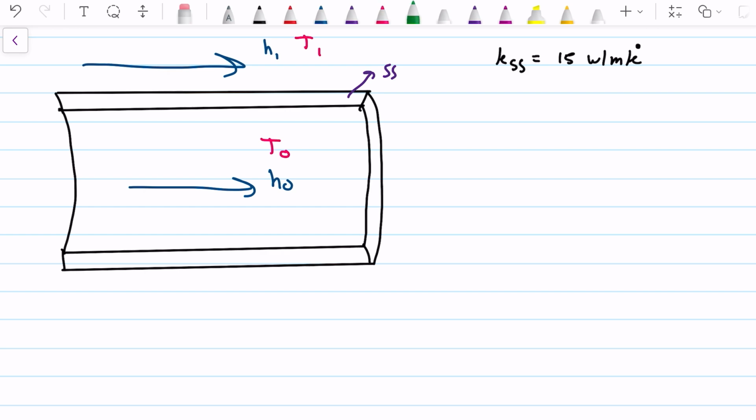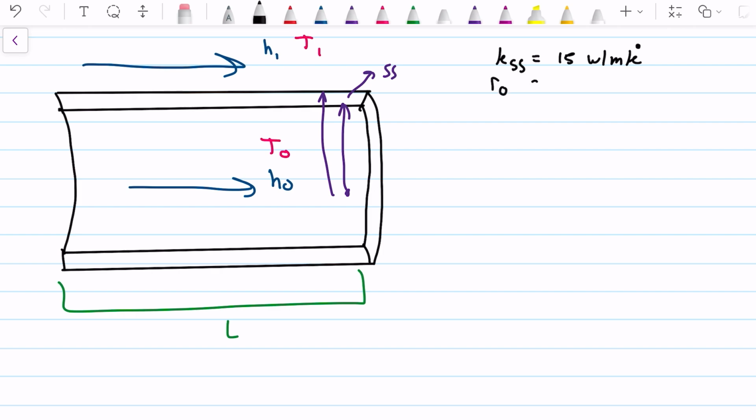We know the length. Define a length. And we know the radiuses. So there's a radius here, and then there's a radius here. Okay. So let's write all these values down. The radius of the inside, the interior radius, that value, outer, it's just a little bit bigger.